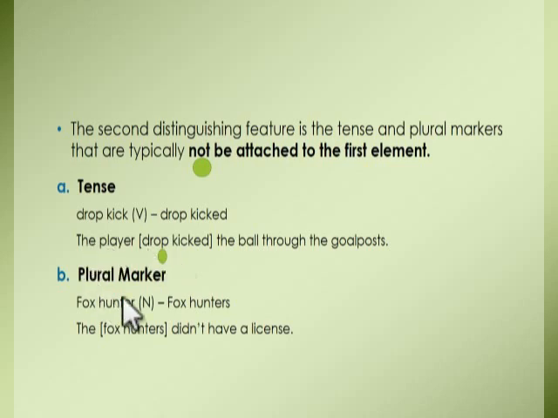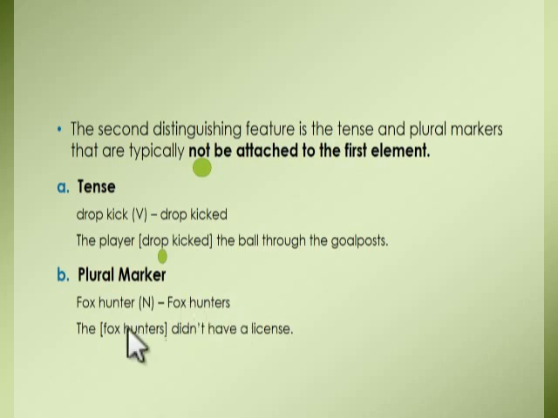For the plural marker, it is the same thing. The fox hunter, because hunter is a noun. So when you want to say that the fox hunter is more than one, so it is plural, you have to add the s here. The fox hunters, not foxes hunter.